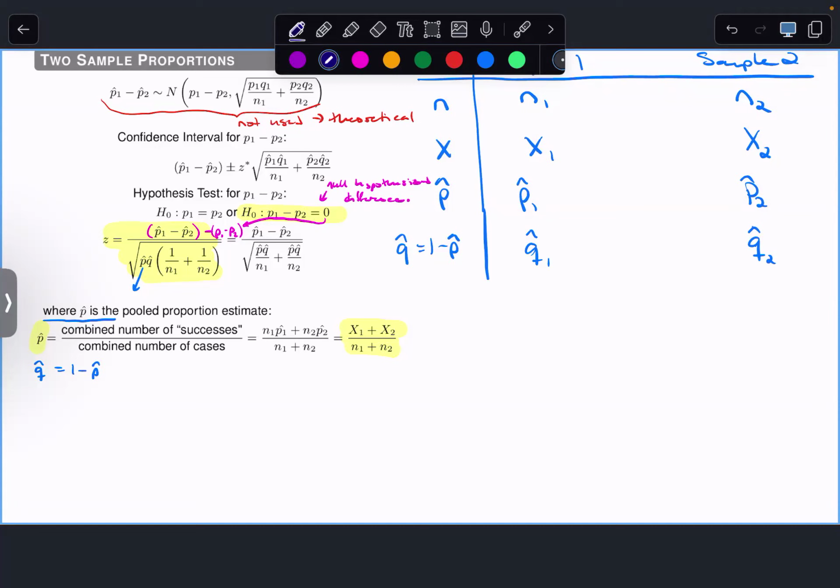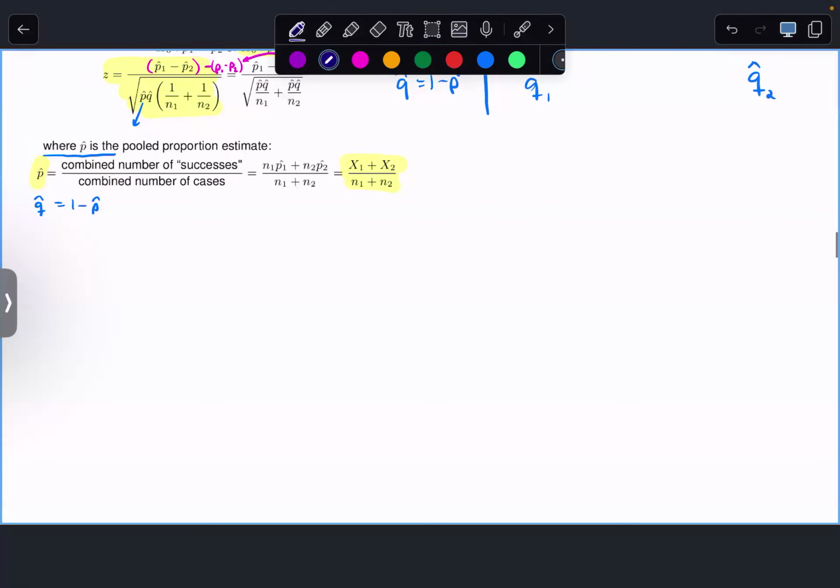The conditions for two sample proportions, luckily they build off of one sample proportions, but just as before, now I have two samples, so I need to check those conditions twice over, once for each sample, right?